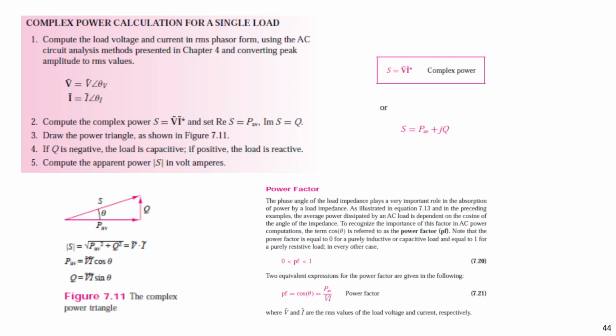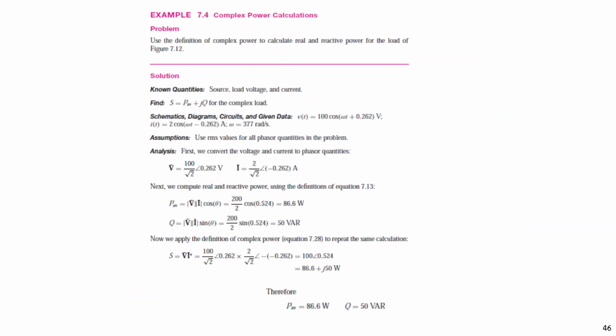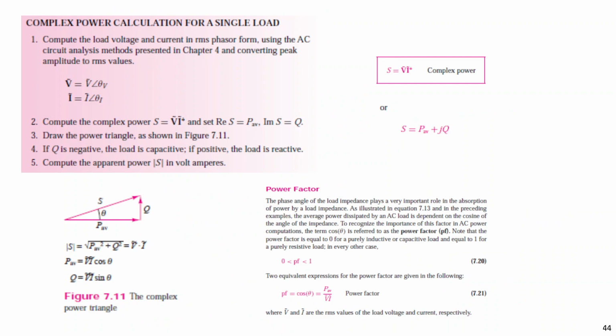Then I would like to explain how to calculate the complex power. In an AC phasor system, we have voltage and current in phasor form.